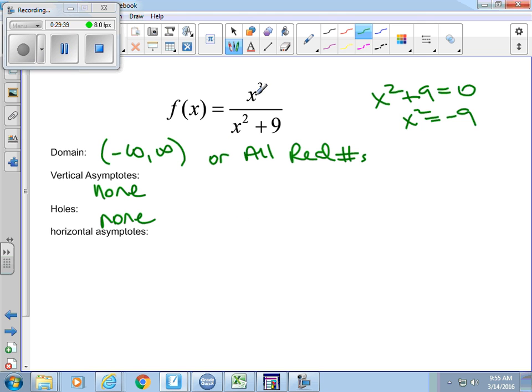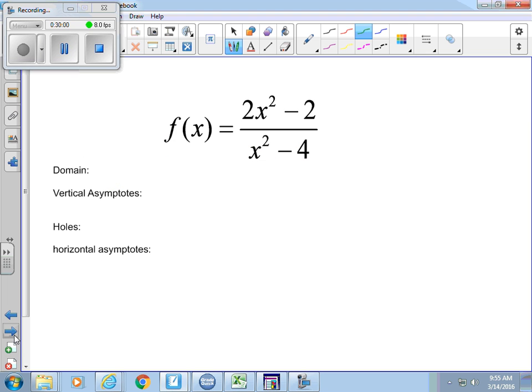What about horizontal asymptotes? Also none. Why on that one is there none? The numerator is bigger than the denominator. Does that make sense? That one was kind of a strange one.